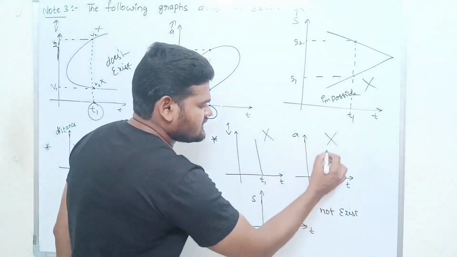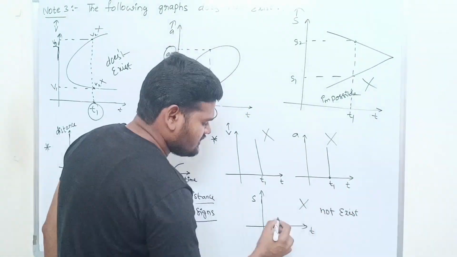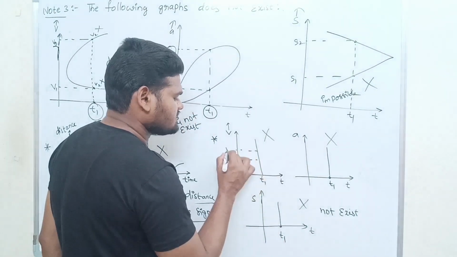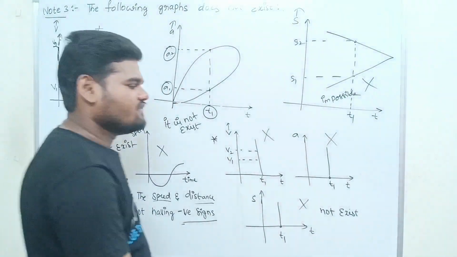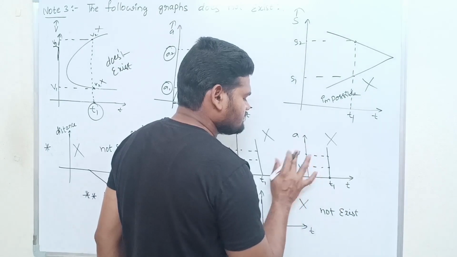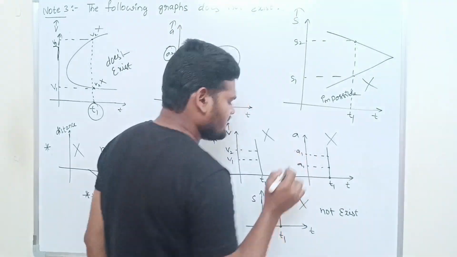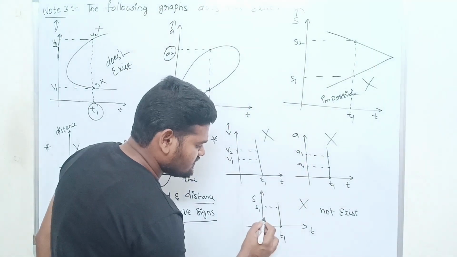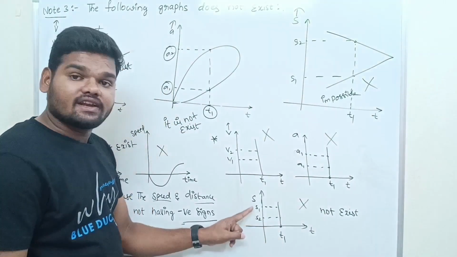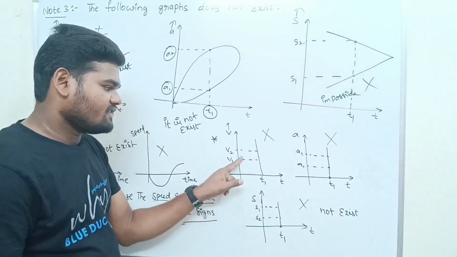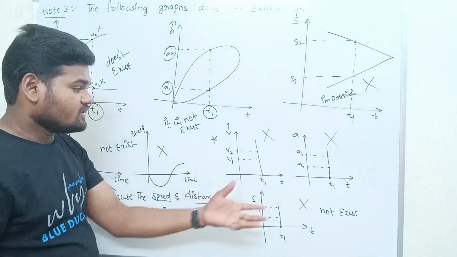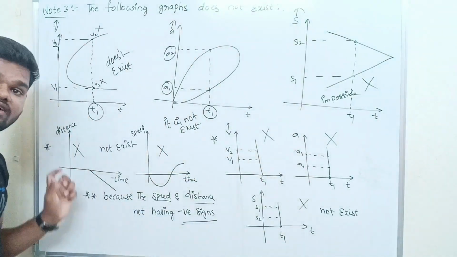Same reason: at a given instant of time, the object has two different velocities, or four different, whatever it is. Here a1, a2, s1, s2. At a given instant of time, the object has different velocities, different accelerations, and different displacements. So these graphs do not exist.